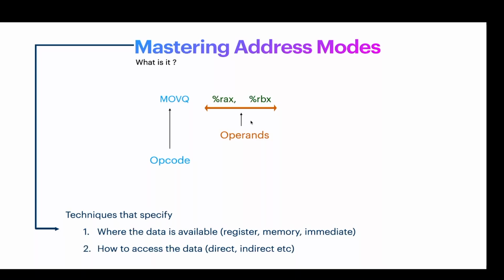But the key takeaway here is addressing mode basically provides clues about two things. Where are the operands available, whether in registers or memory, or immediately available as part of the instruction itself, and how to access those operands, whether directly or indirectly.